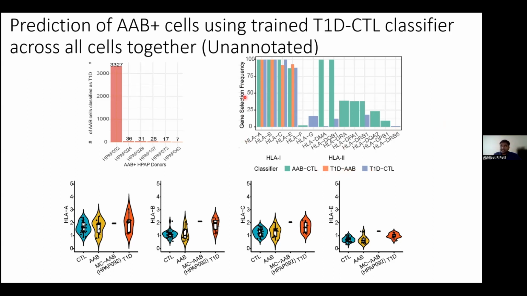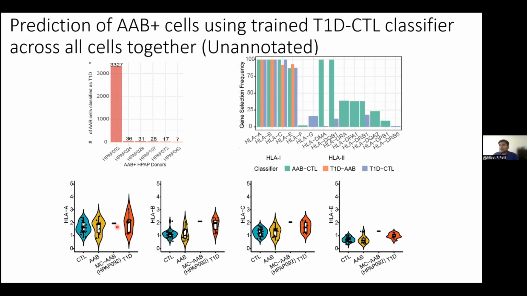Which means, as I had shown in the architecture, that we run this experiment 100 times to build robust results. So among all those 100 iterations, HLA class 1 proteins were picked almost all the time, and also a few HLA class 2 proteins such as HLA-DRA and HLA-DPB1. As we saw in this plot, HPAP92 has more cells that are classified as diabetic.